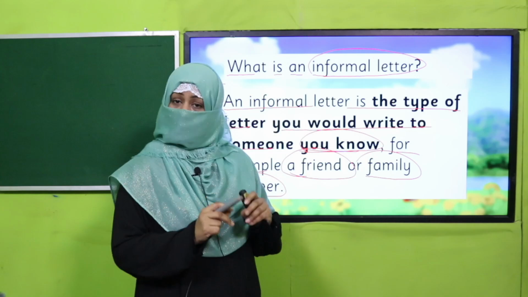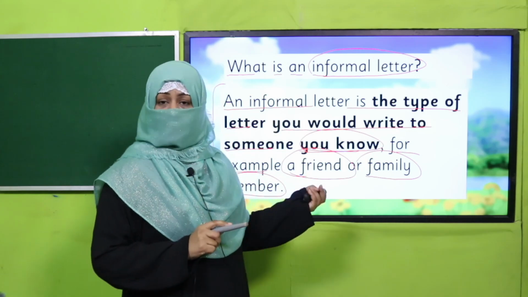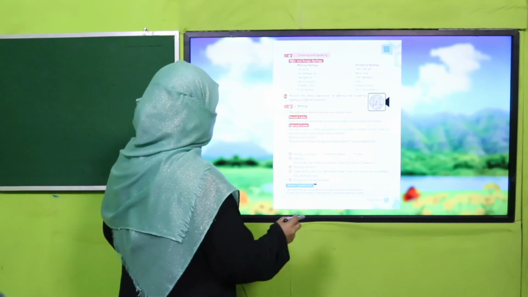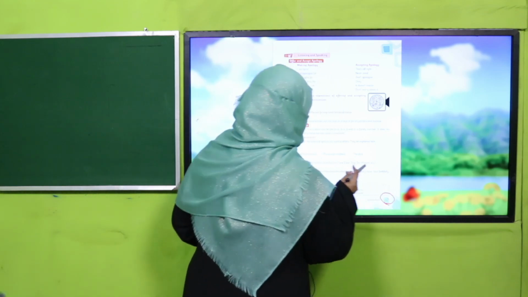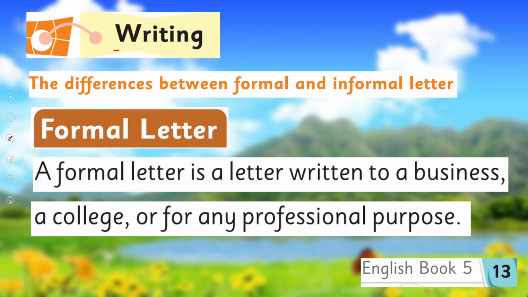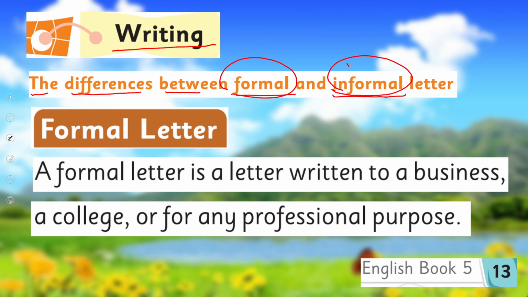Still, there are a few rules we should follow to write an informal letter, and those rules we are going to learn today. So all of you open your book on page number 13. Writing the differences between formal and informal letter. We'll learn about the differences, but we'll practice just an informal letter today. So what is a formal letter?